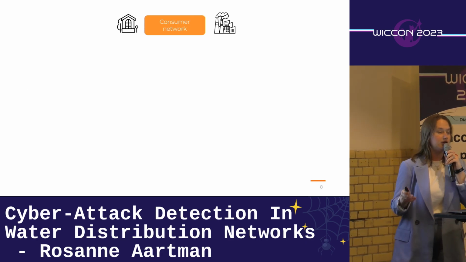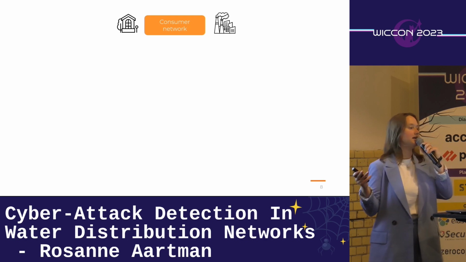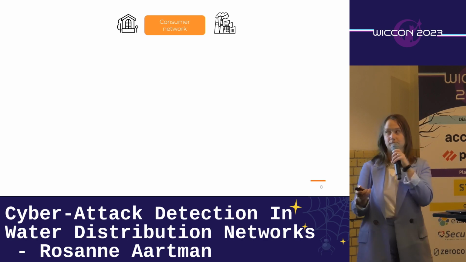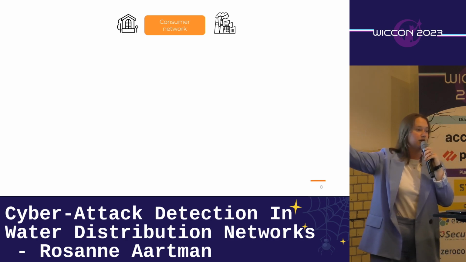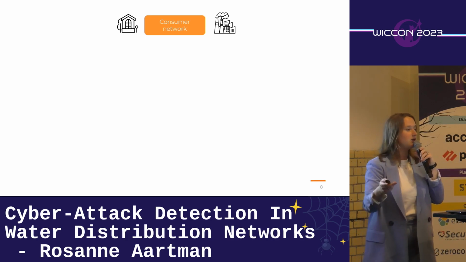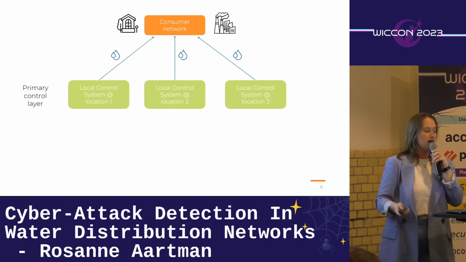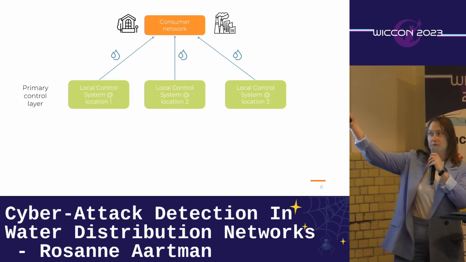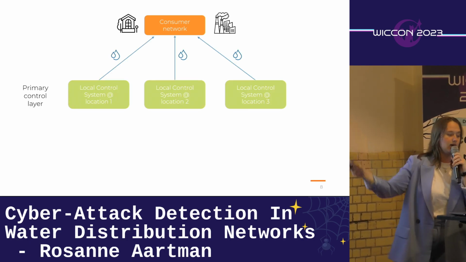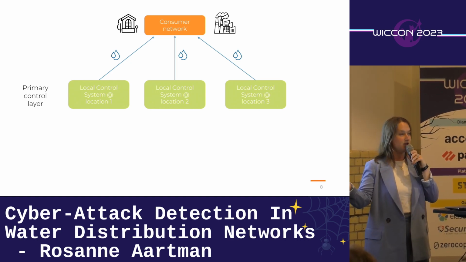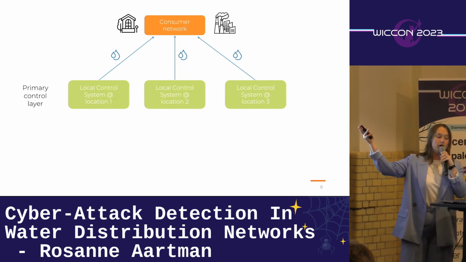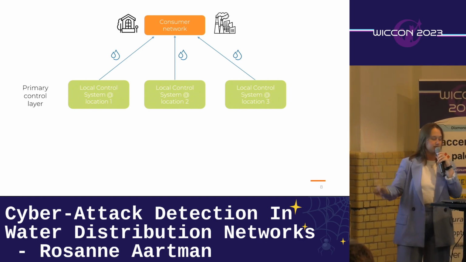So our water distribution network is a distributed control problem. We first have our consumer network containing households and the industry. We have a primary control layer having local control systems at multiple locations, each delivering water to our consumers.